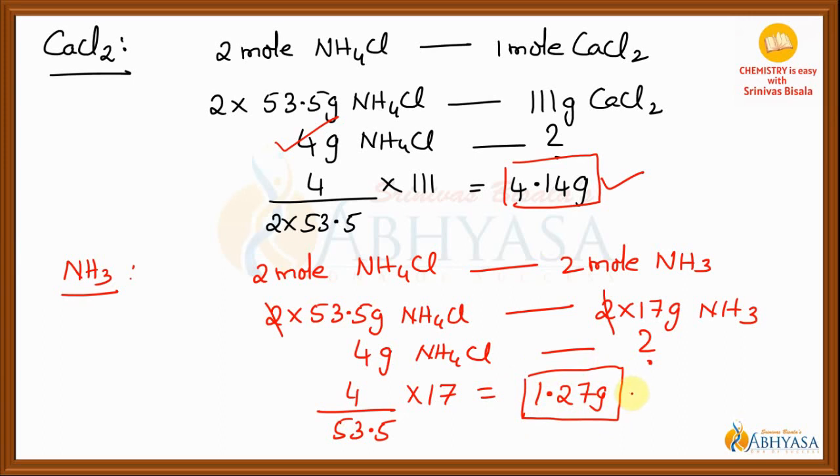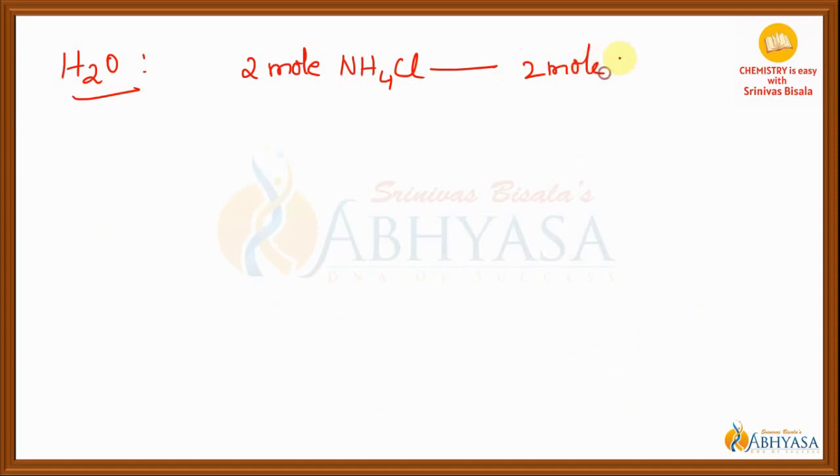This much quantity of ammonia is formed. And the last one, how much quantity of water is formed? 2 moles of ammonium chloride gives rise to 2 moles of water. So again they are reacting in the ratio of 1:1. So I will cancel this 2 here. 1 mole of ammonium chloride means it is 53.5 grams of ammonium chloride.